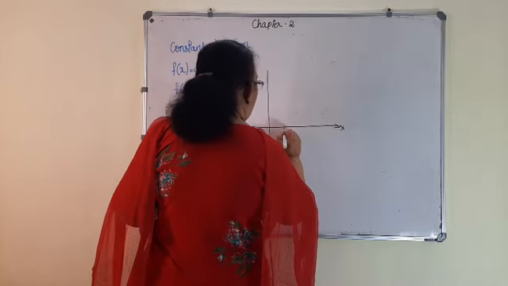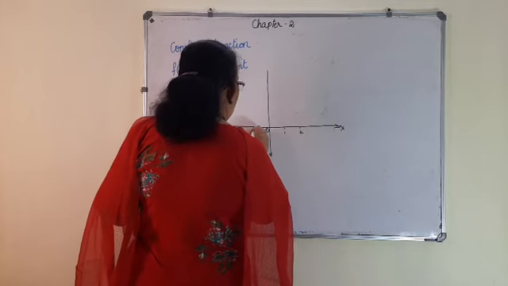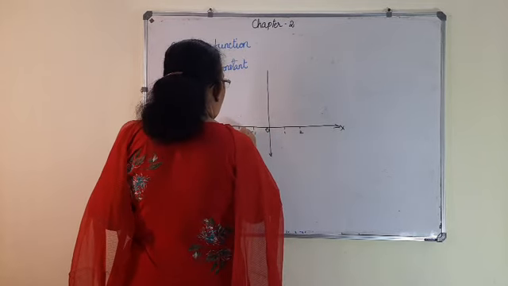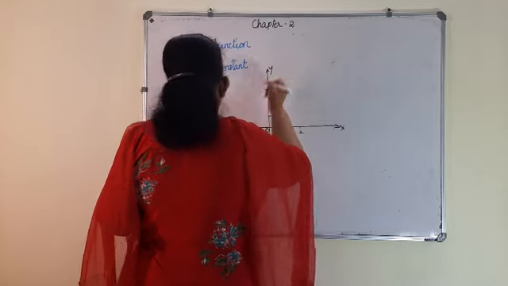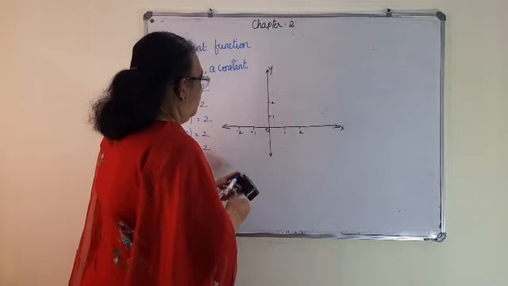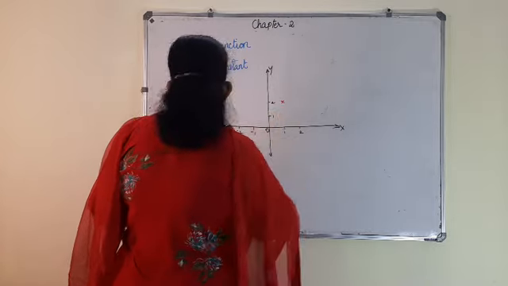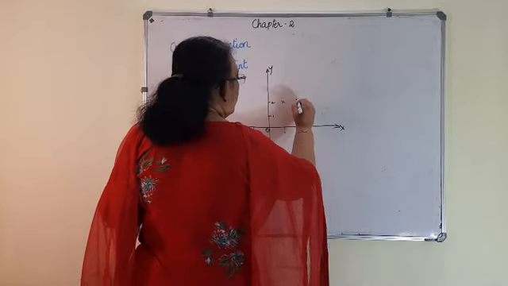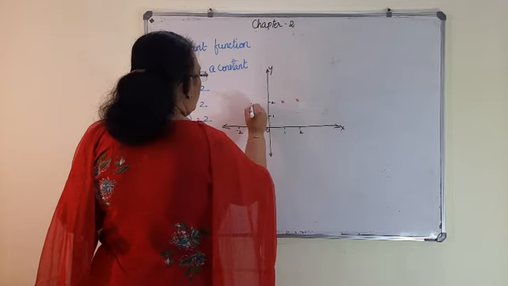Draw the x-axis with 1, 2, 0, minus 1, minus 2, and the y-axis. What is the value of f of 1? F of 1 is equal to 2. F of 2 is equal to 2. F of minus 1 is equal to 2.